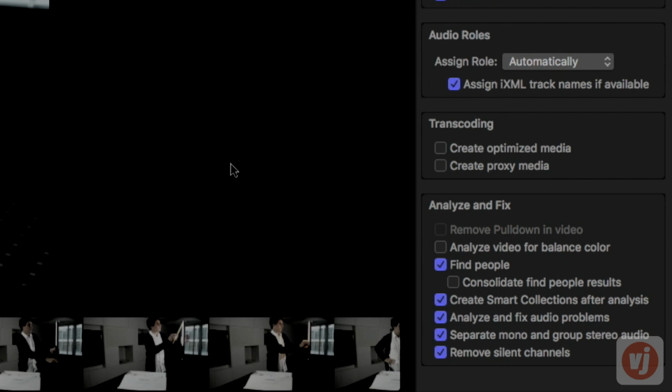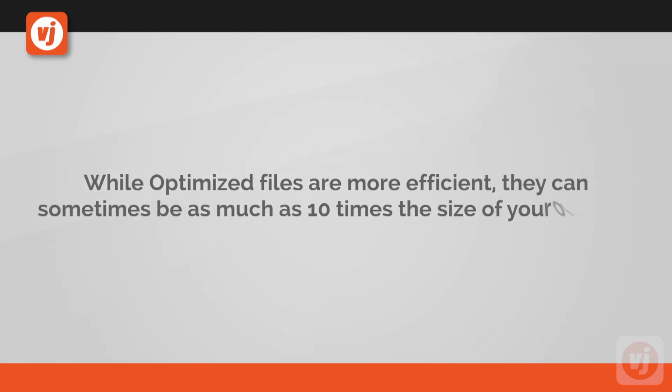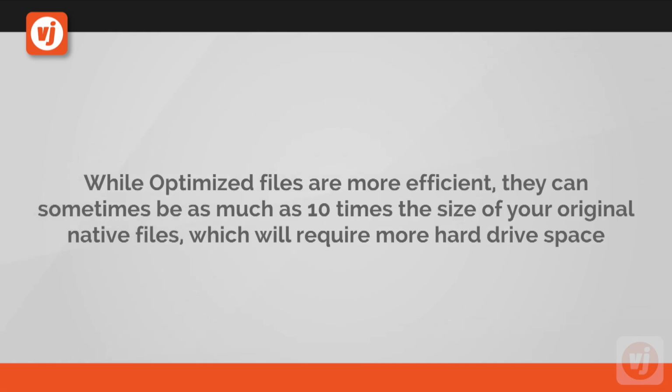Another option that puts less strain on your computer's processor is the Create Optimized Media checkbox. In addition to importing your original native media files from your camera, new optimized files will also be created that play back more efficiently. Note that while optimized files are more efficient, they can sometimes be as much as 10 times the size of your original native files from your camera, which will require much more hard drive space.